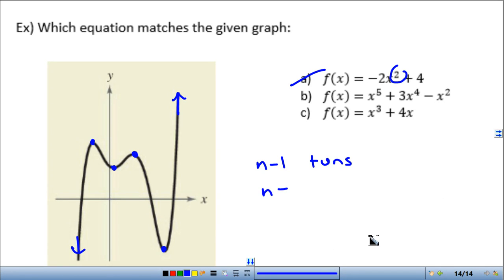So n minus 1 is equal to, in this case, 4. So n has to be 5 or higher, because it has at most n minus 1 turns. So it can be greater than or equal to 5. Well, that means the leading term here is 3, so that's out. So my answer has to be B.